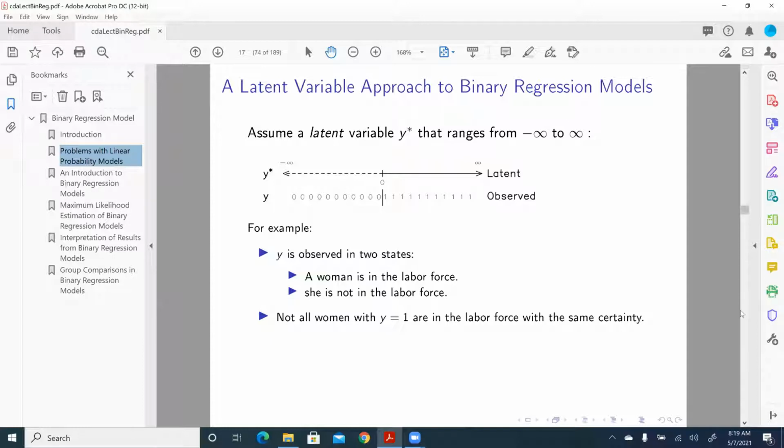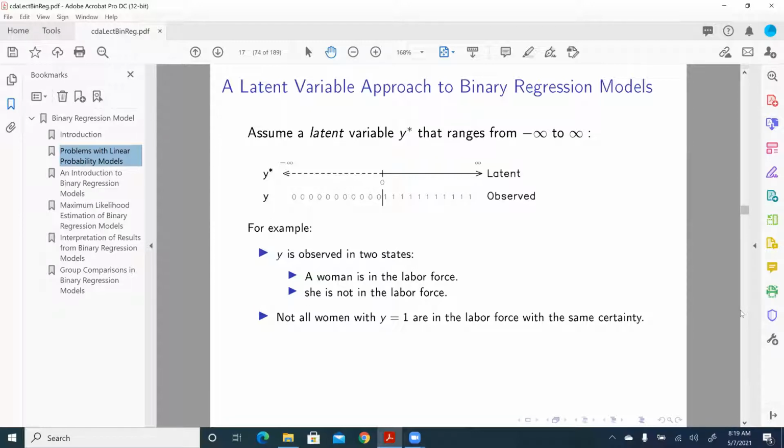Whereas there's another woman who is relatively well educated, who has one child, and she's probably balancing between work and family and trying to figure out if she still wants to stay in the labor force. So for the second woman, the certainty is low.